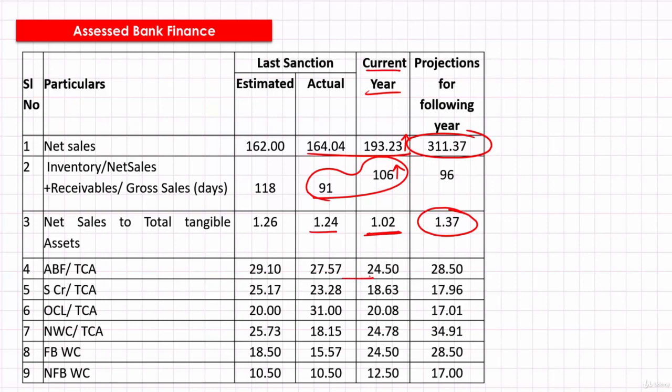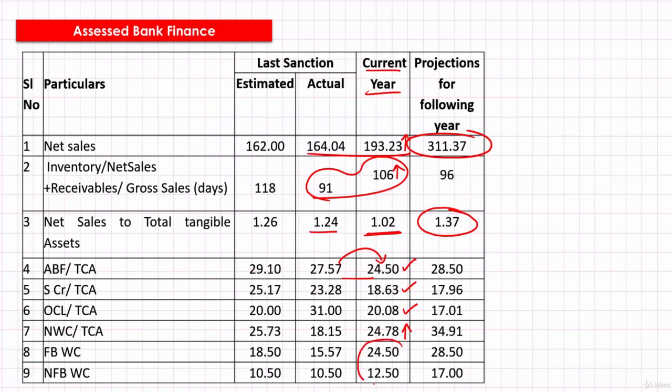Then what is happening? 27.57% of ABF to TCA, assessed bank finance to total current asset, is coming down to 24.5. It is a good sign, estimated to be good. Sundry creditor is estimated to come down, it is also good. Other current liability estimated to come down, good. Net working capital to current asset is estimated to go up to 24.78%.